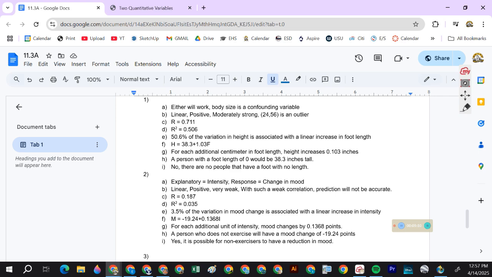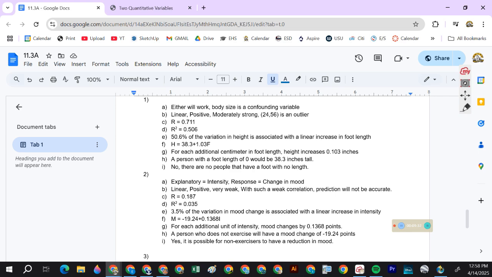No prediction for foot and height is going to be perfectly accurate because people are just different sizes. And there is not a one-to-one relationship between foot length and height. But knowing that 50% of your height can be predicted using your foot length tells us about how accurate a height prediction is going to be using your foot length.